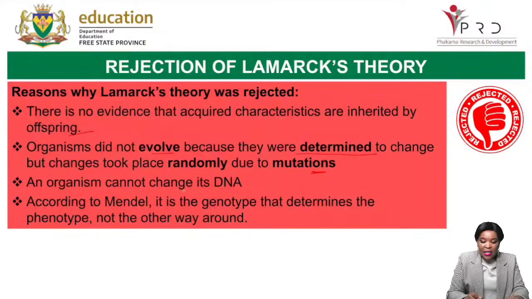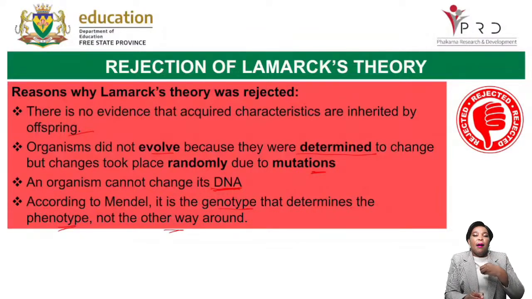Then an organism cannot change its DNA. An organism cannot just wake up and change its DNA. DNA is your genetic makeup. You are born with that and you inherit that through genes and alleles. According to Mendel, it is the genotype that determines the phenotype, not the other way around. So you can't say your physical appearance is going to influence the physical appearance of the offspring.